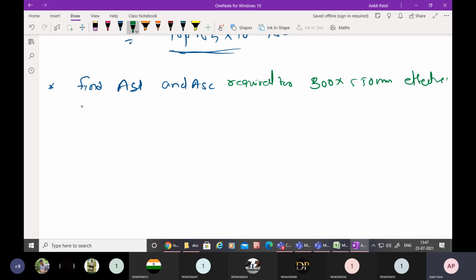The applied moment or factored moment is equal to 400 kilonewton meter.